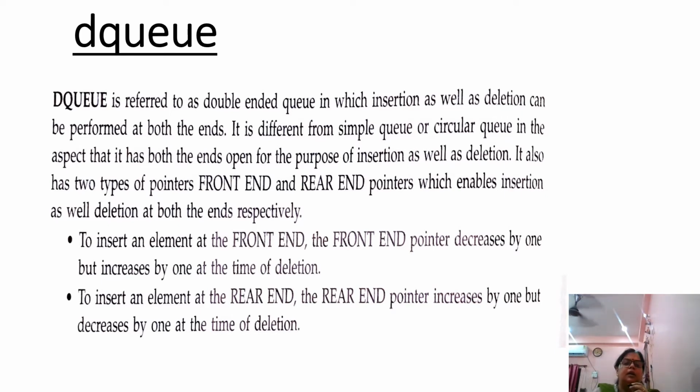We can say that DQ is very flexible. It can delete an element from the front and insert an element from the front, and it can delete an element from the rear and insert an element from the rear. So we can say that DQ is referred to as a double-ended queue in which insertion as well as deletion can be performed at both ends.